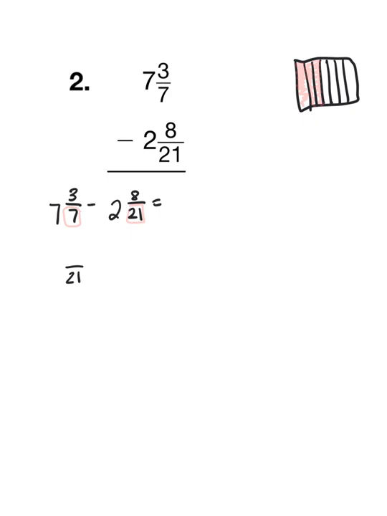If I cut each of these 7ths into 3 equal pieces, now I have 21 equal pieces, 2, 3, 4, 5, 6, 7, 8, 9, and 9 of them are shaded. So 7 and 9 out of 21 is equivalent to 7 and 3/7. Now I can find the difference between these two numbers.